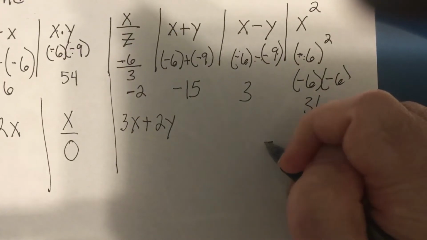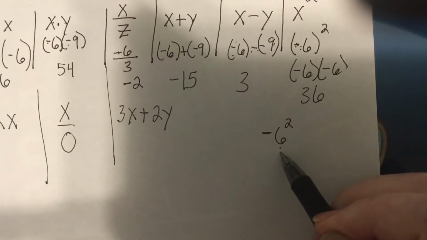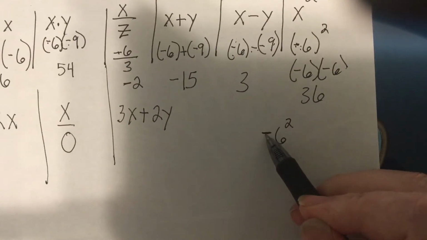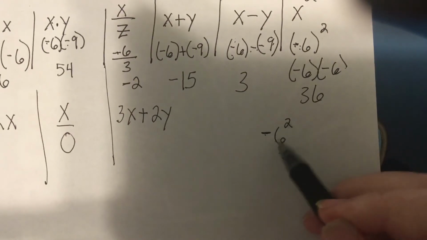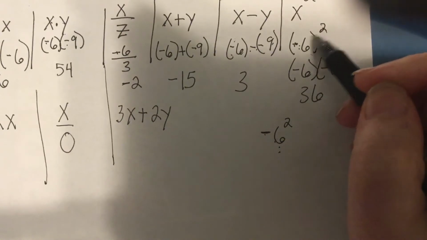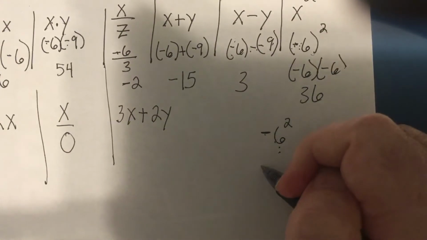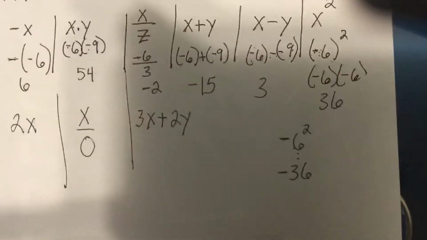You might want to write this down and put an asterisk. This problem most people get wrong. It's the opposite of 6 times 6, because the square only affects the 6 because that's what it's right next to. This is in parentheses, so it affects both terms. So this would be the opposite of 36.